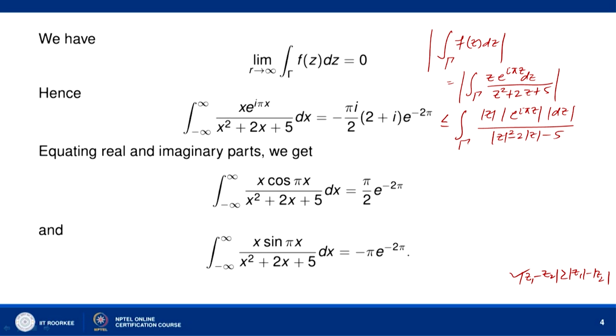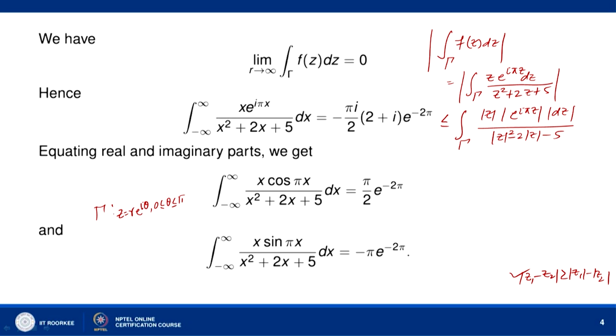Now, gamma is the semicircle with center at origin, radius r. So, modulus of z equal to r, and 0 less than or equal to theta less than or equal to pi. So, we can write z equal to r e to the power i theta, small r we should put, 0 less than or equal to theta less than or equal to pi.